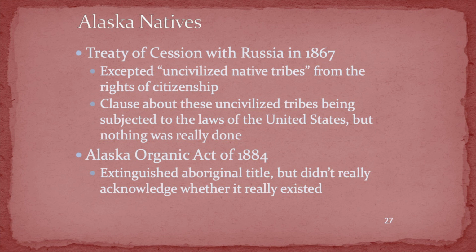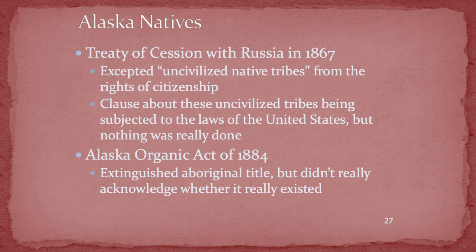But so in the Organic Act of 1884, for those of you that don't know, an Organic Act is when an area of land is going to become a state. They're like, okay, so this is now a part of the United States. When that happened, when it truly became a part of the United States, they extinguished Aboriginal title, but didn't really acknowledge whether Aboriginal title, in other words, the use of lands in Alaska by its indigenous population, ever really existed.